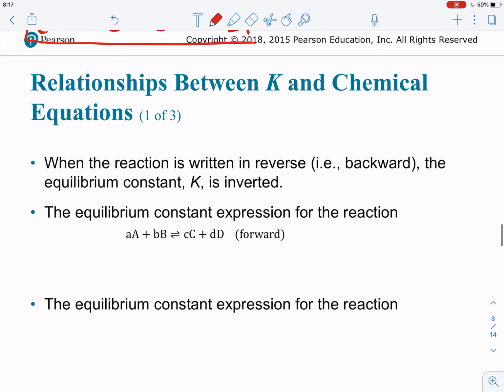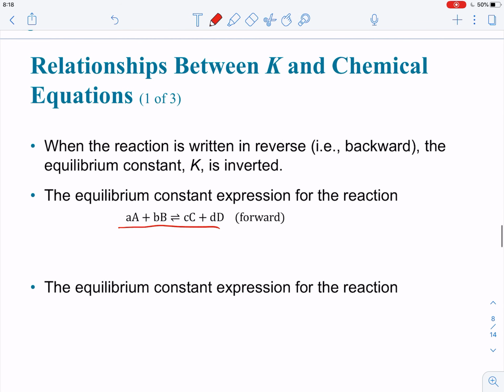Now, one thing that is important to know is how you can manipulate those constants. Because sometimes you can manipulate reactions in order to calculate equilibrium constants. So we need to know how to do that, correct? We have this reaction here, written in the forward direction.